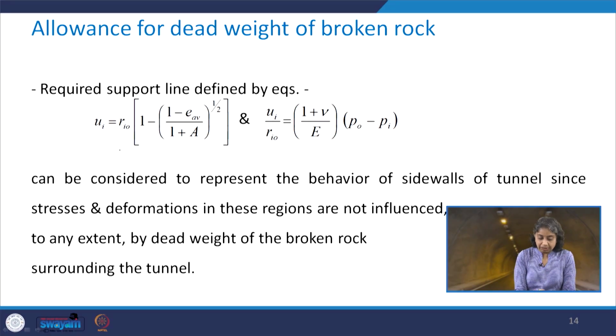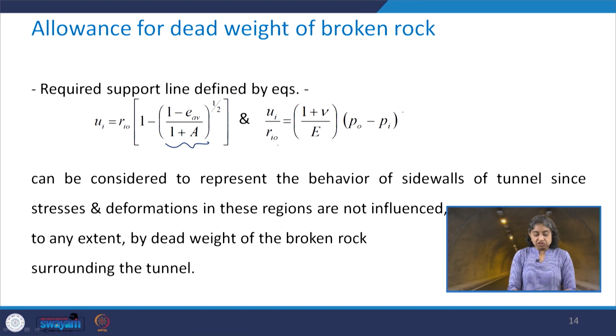So, how is it done? Here we are going to discuss. The required support lines were defined by these equations, Ui is equal to RIO 1 minus this expression, and Ui by RIO equal to 1 plus nu by E, P naught minus Pi. These equations we have learnt already in the earlier classes.